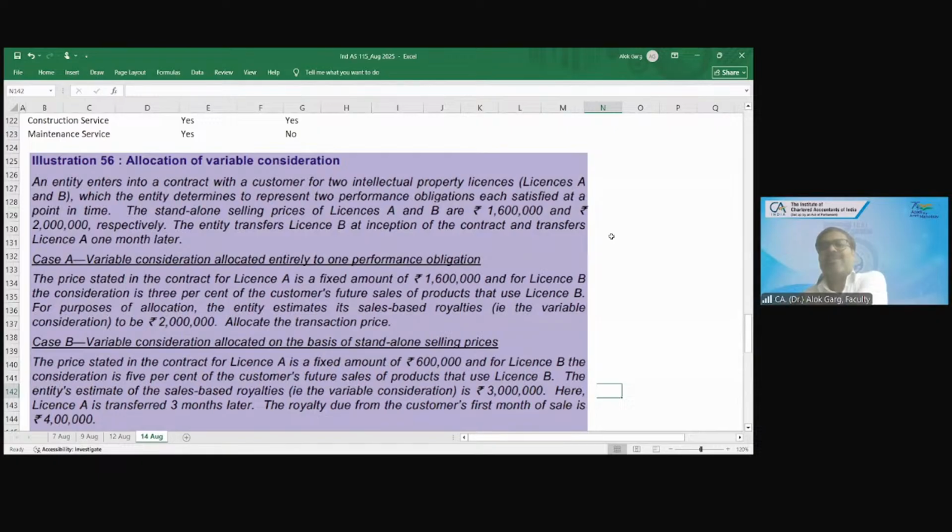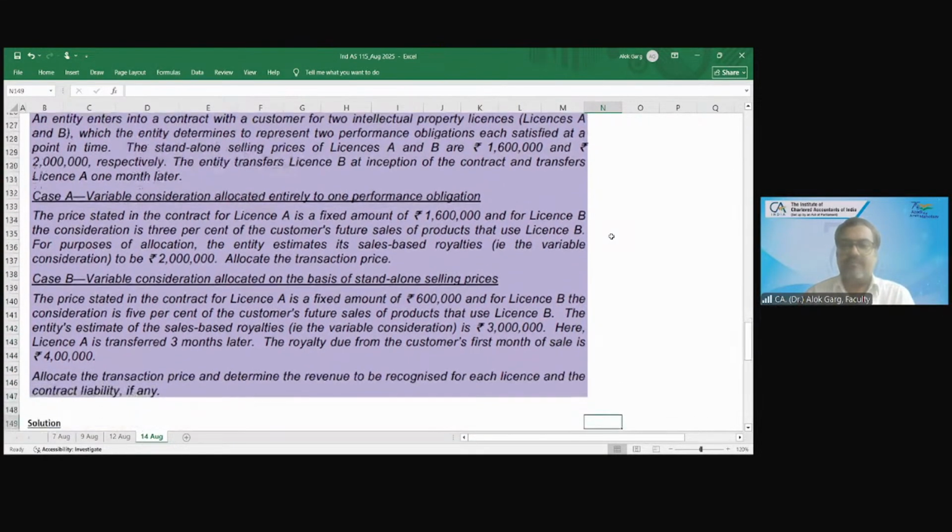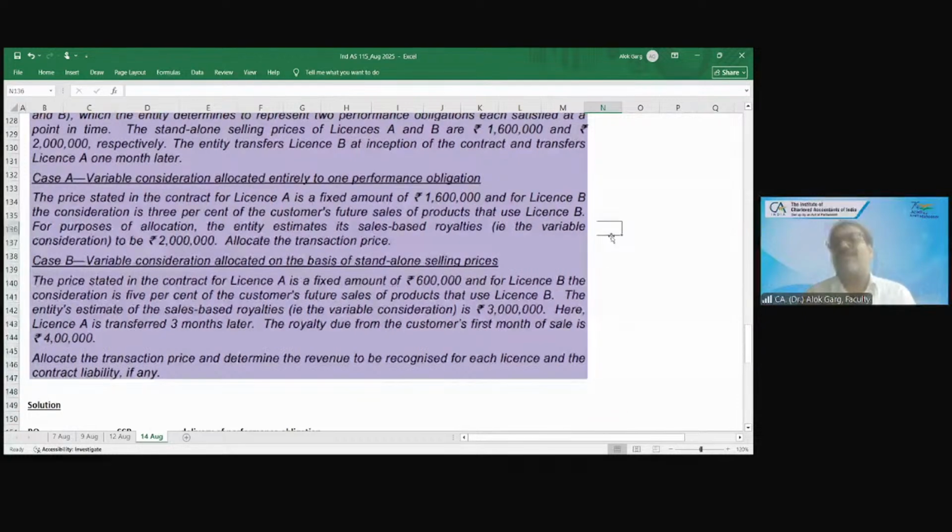They are only telling you that it is a sales based royalty, but the final numbers are also given. Okay sir, so this 20 lakh is like 3% of the sales value? Yes. Okay, now clear, sir. Thank you.